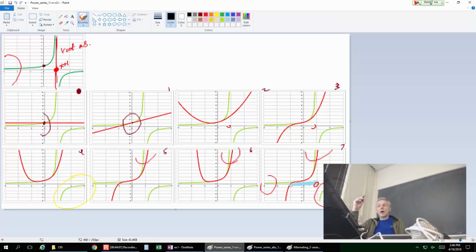The branches go up and down, and a second branch appears when the degree is odd: 7, 5, 3. That second branch of the function is not being approximated anymore.